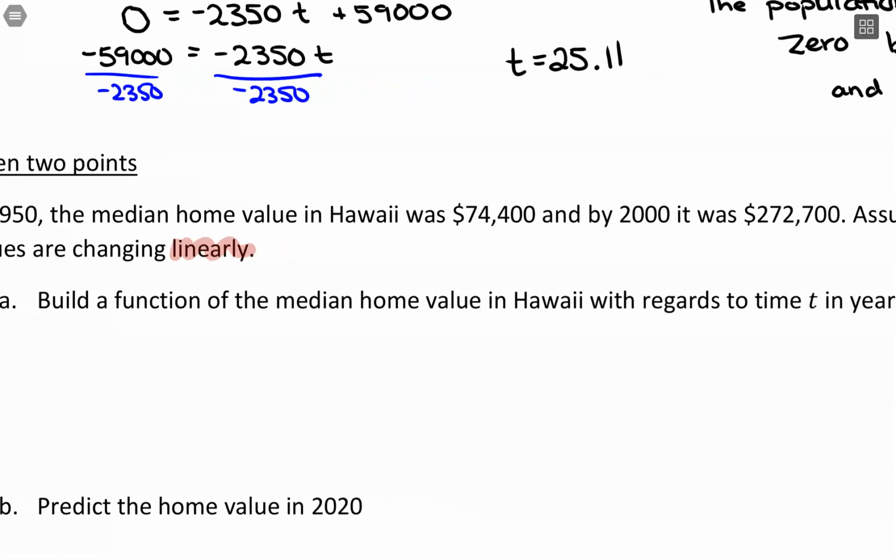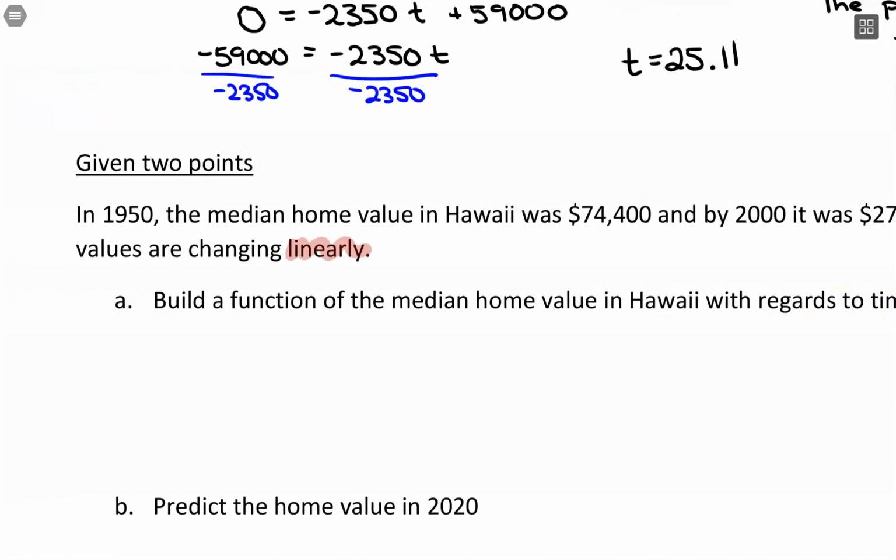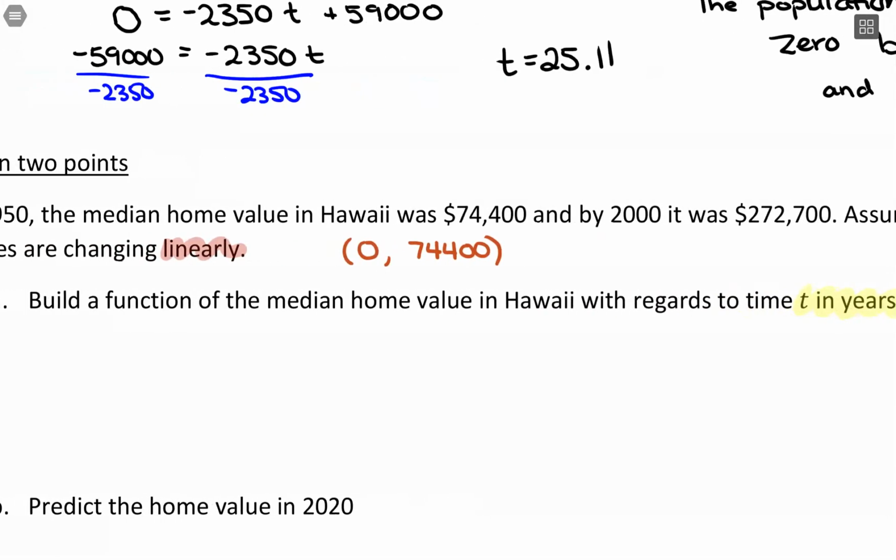So build a function of the median home value in Hawaii with regards to time, and for time we want in years after 1950. So what that tells me is I have this coordinate in 1950, time is 0, and the value was 74,400. And in 2000, which was 50 years later, so 50 years after 1950, 272,700.